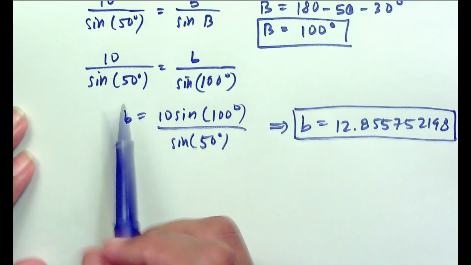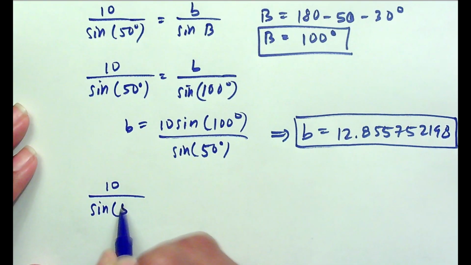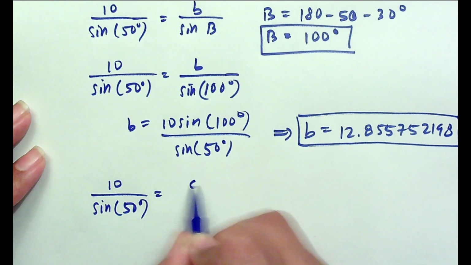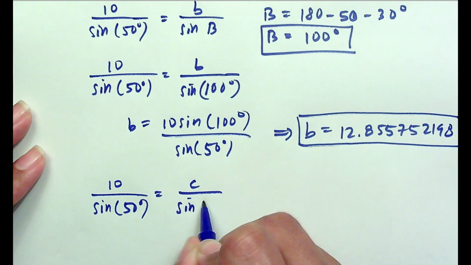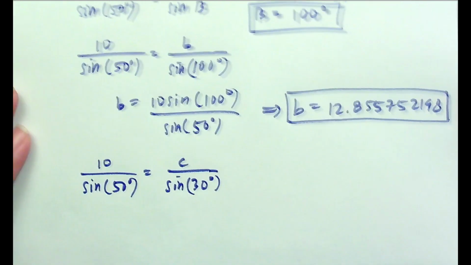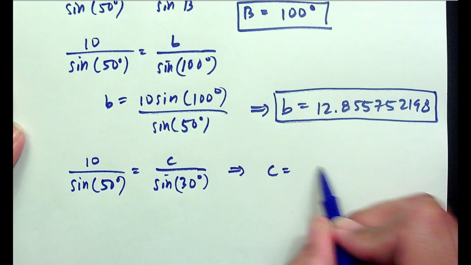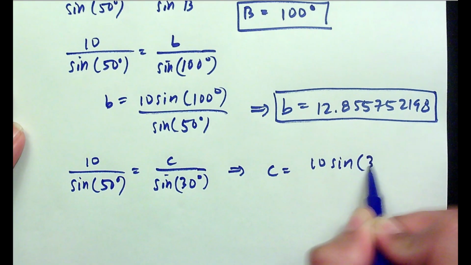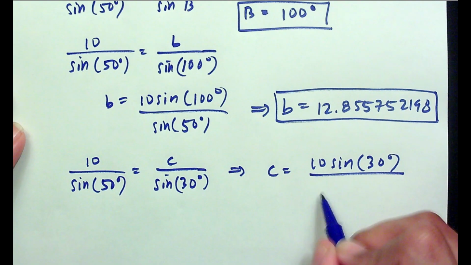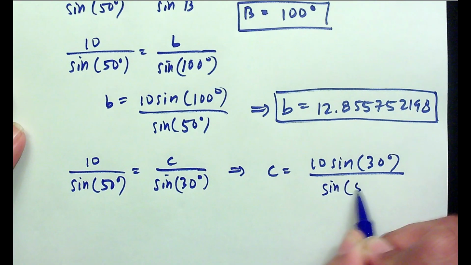Okay, now take the same proportion and compare it to the last pair, which is little c over sine of 30. That gives us c equals 10 sine of 30 degrees over sine of 50.